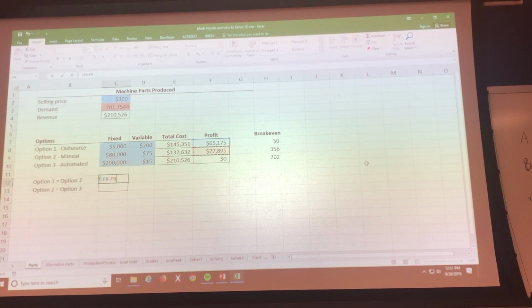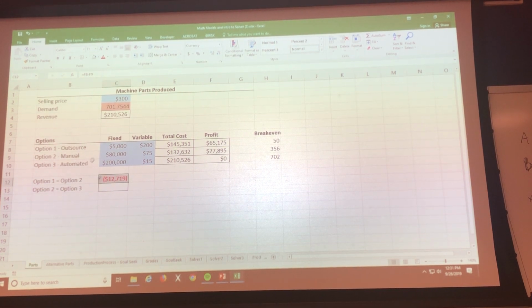Take option 1 minus option 2 profit, or vice versa. If we look at the difference in those profit levels, and we put that in that cell, and then we make that our objective cell for our goal seek, force that to 0, you're finding the demand that would make those two profit levels the same.